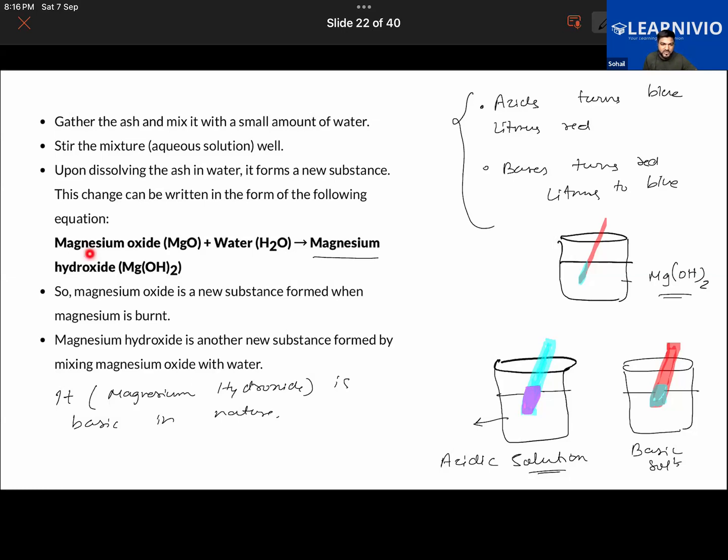So magnesium oxide was the new substance when magnesium was burnt, while magnesium hydroxide is the new substance when magnesium oxide was mixed with the water.